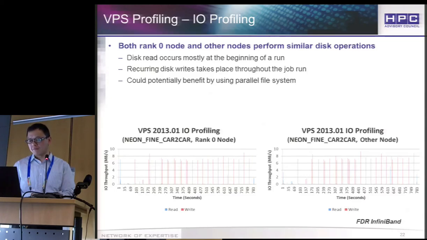There is periodic data written throughout, either on the rank 0 node or the rest of the nodes, but it's nothing compared to what a real simulation would have. But this is good in a way, because it shows that both the rank 0 node and the rest of the compute nodes do some I/O. So a parallel file system should be able to benefit from this.